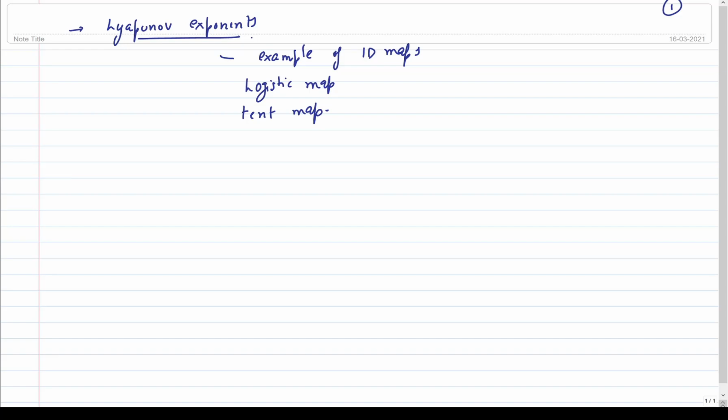So essentially, we are going to quantify chaos, or what do we mean by chaos?